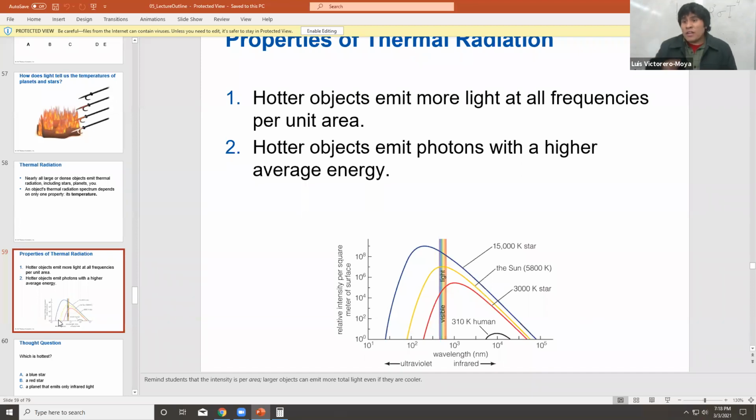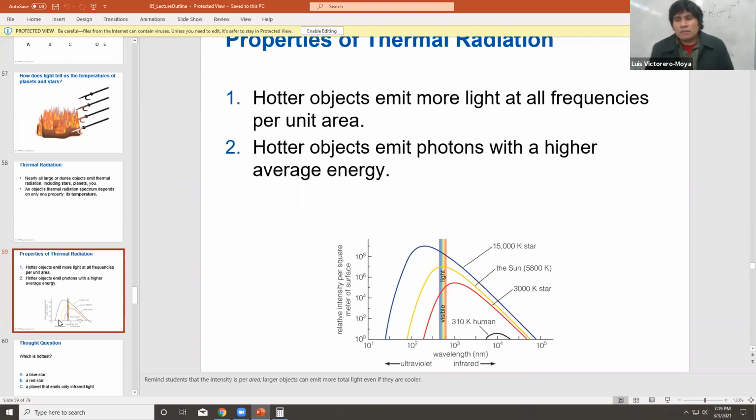Well, it makes sense based on the equation I showed you on the board, right? But how can we relate frequency to color, or wavelength to color? The more blue an object is, the more frequency and the more temperature it has.